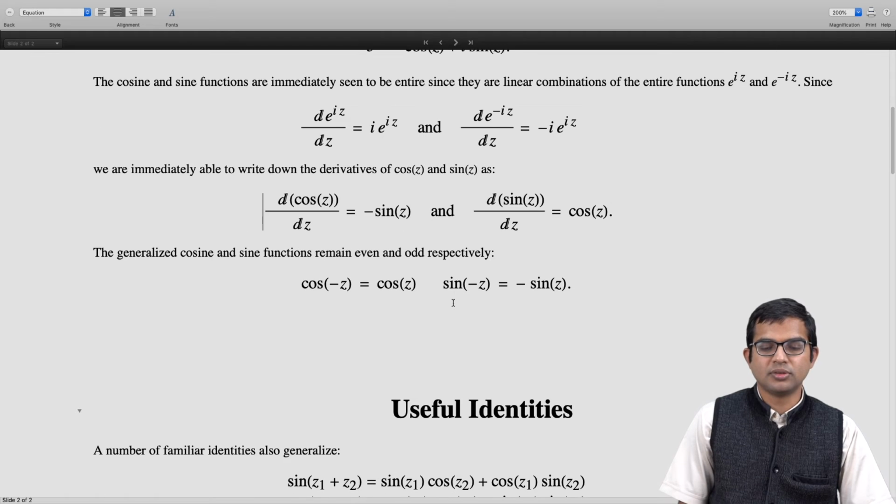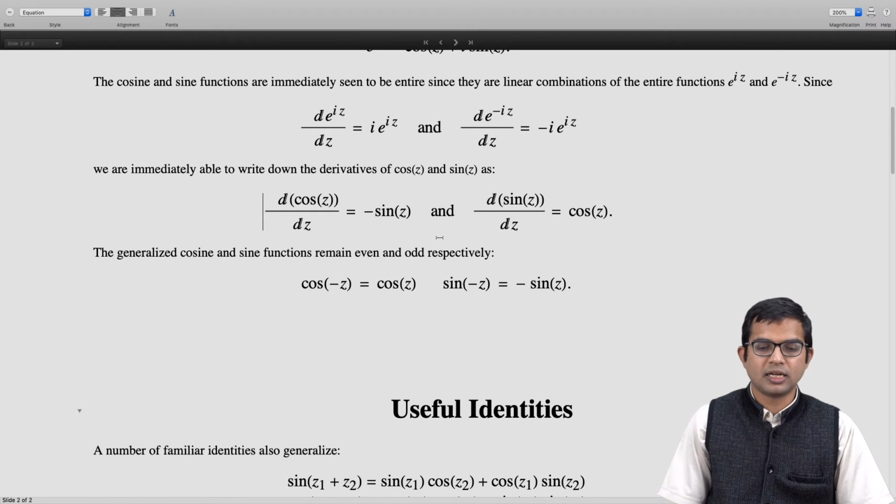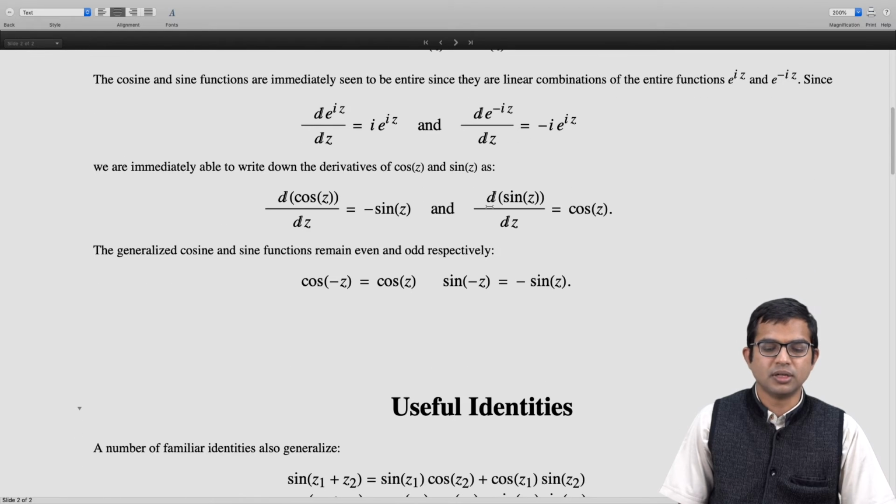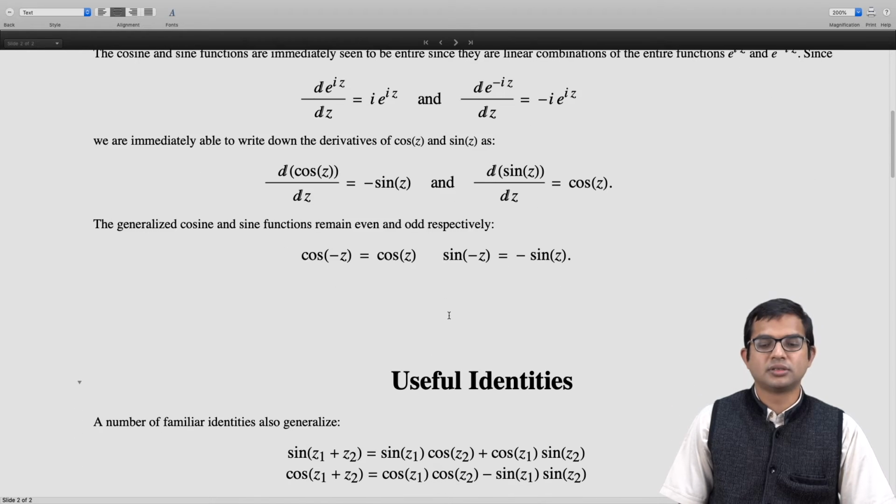This can be verified by just directly plugging in these expressions for cosine and for sine, and then working out the algebra, and you can show that indeed these identities carry through.